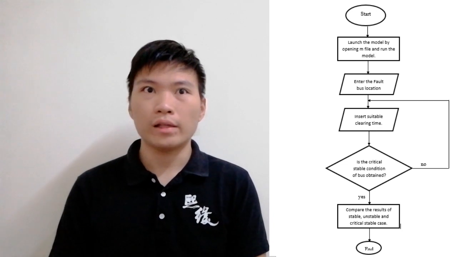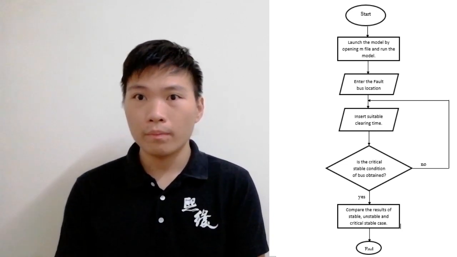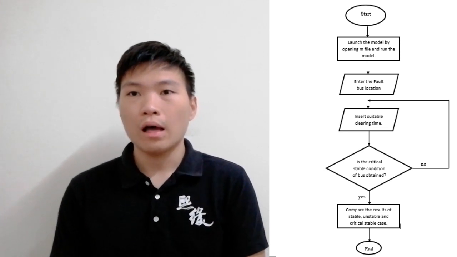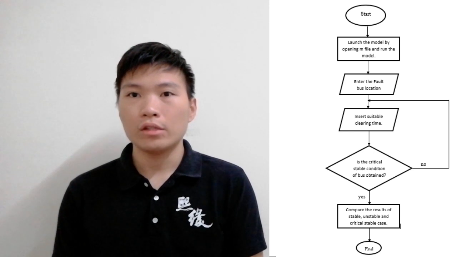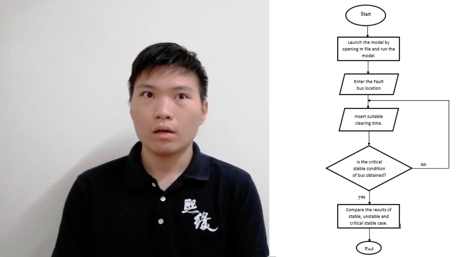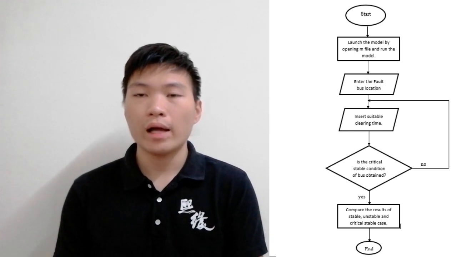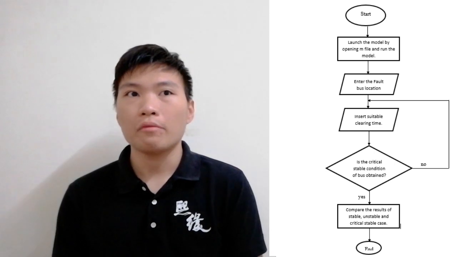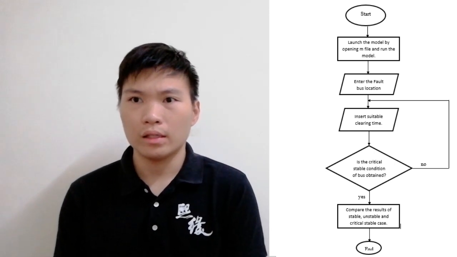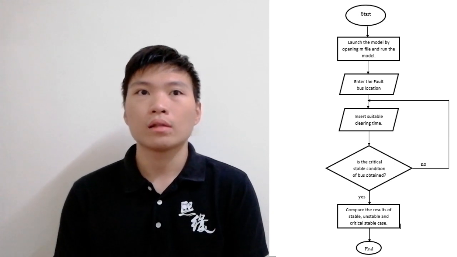Okay, so now I will explain the analysis of bus fault by using our Matlab. First of all, we have to run our software Matlab. Then we choose our model by launching an M file, and then we run the model. From the program we are required to enter the bus fault location, and we have to key in the values.